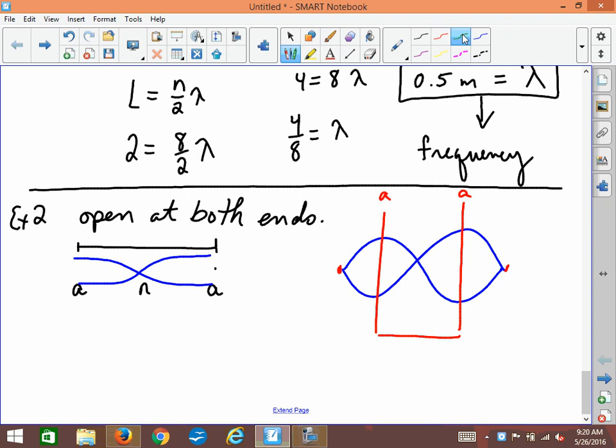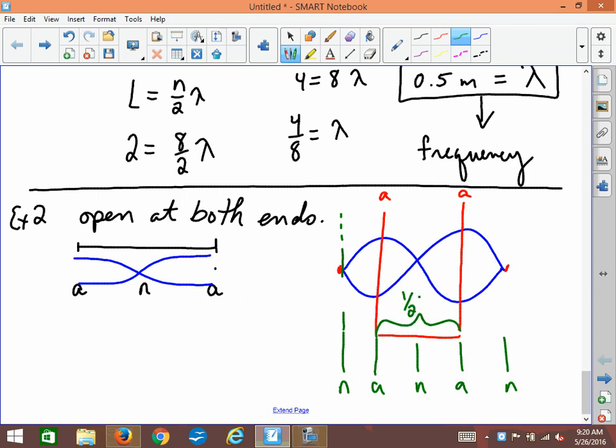But let's think about this for a minute. How much of this wave is showing up here? Well, let's divide the wave into quarters. Remember, we said it's a quarter wavelength between, if this is a node, this is an antinode, node, antinode, node. Well, how much is this part? It's 2 out of the 4 quarters.